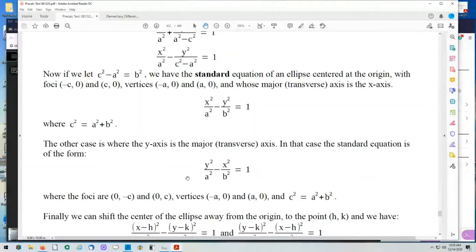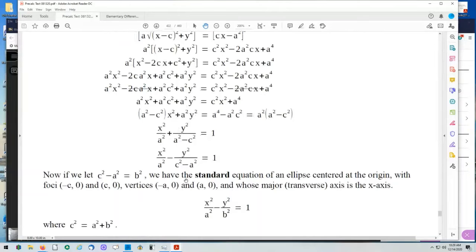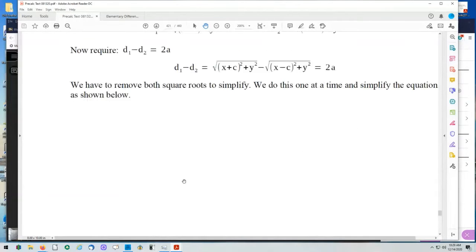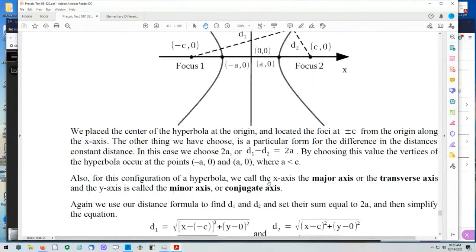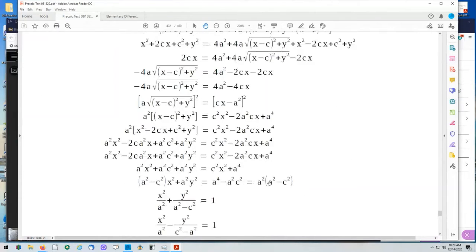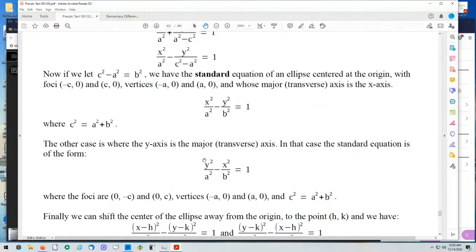Now, if I have my transverse axis along the y-axis, so instead of opening left to right, the two separate parts of the hyperbola open upwards and downwards, then my standard form would look like this: y squared over a squared minus x squared over b squared is equal to 1.